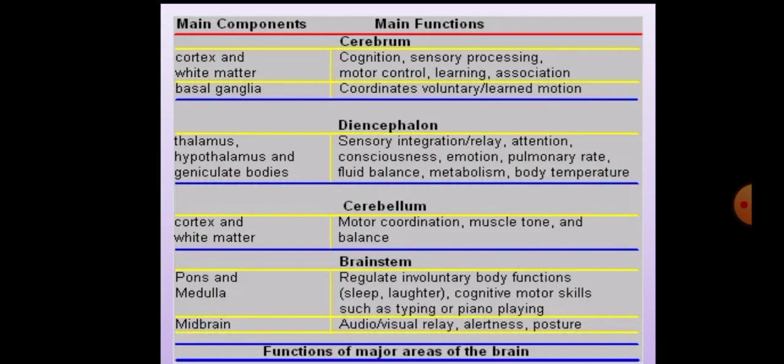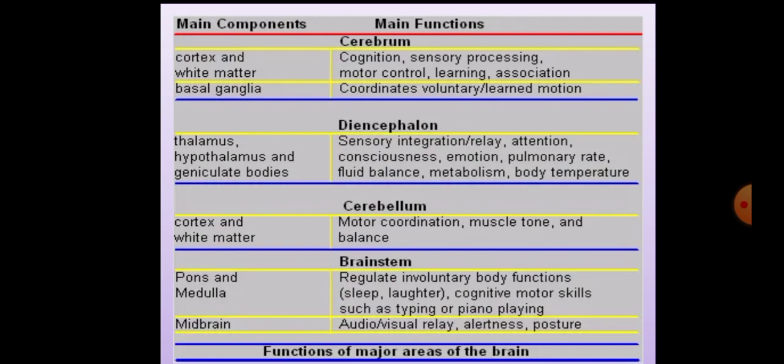When you come to diencephalon, its main functions are sensory integration, relay, attention, consciousness, emotion, pulmonary rate, fluid balance, metabolism, and body temperature.